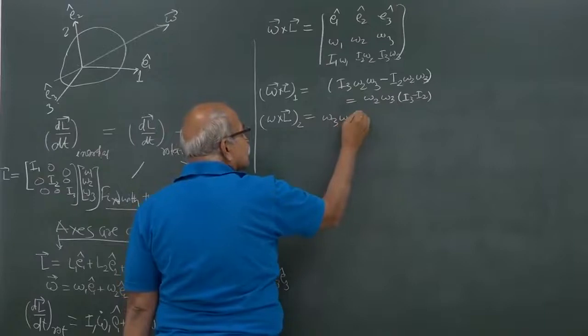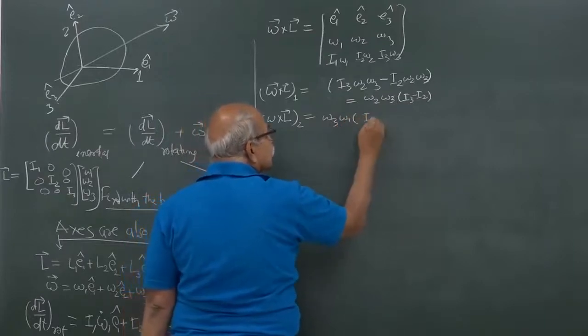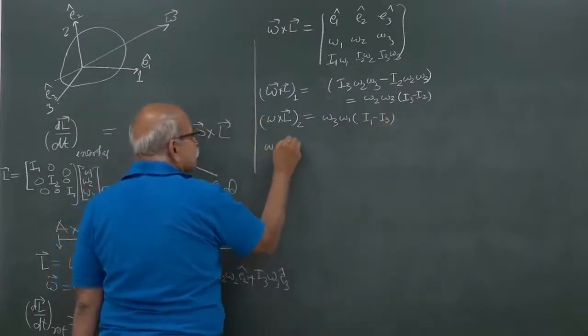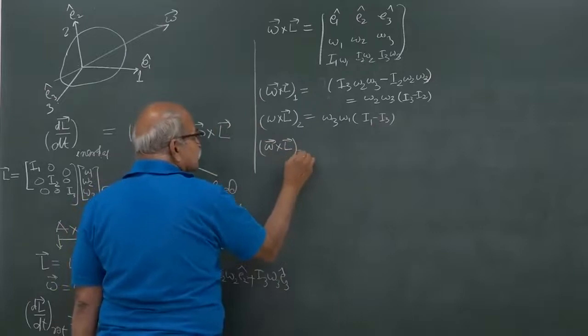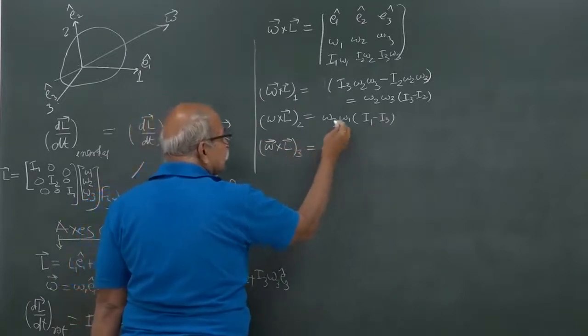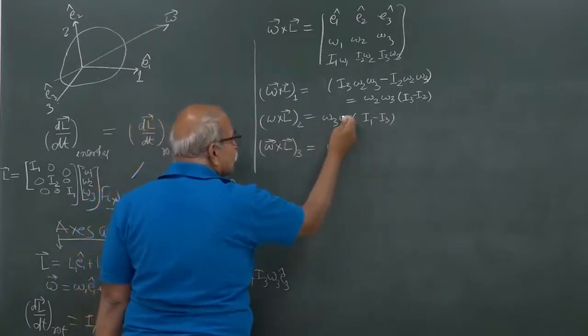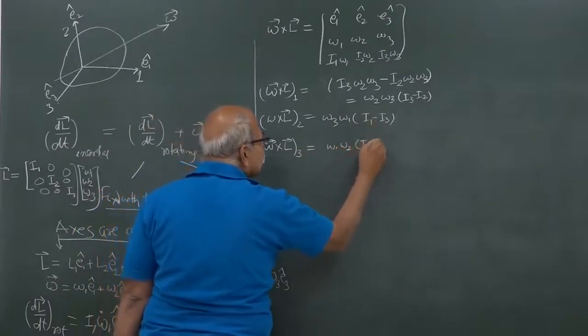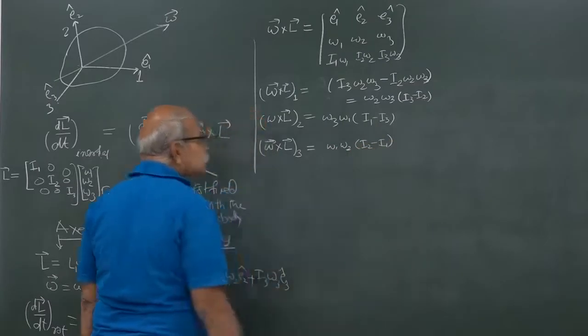So, omega 1 here, and then I3 minus I1. And similarly the third component is omega 1 omega 2, cyclic permutation, I2 minus I1. This is it.